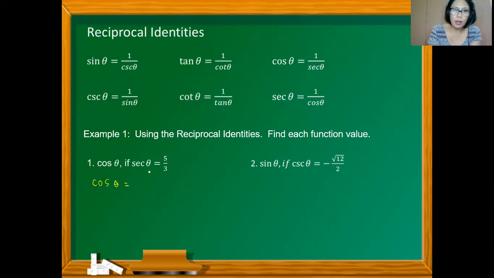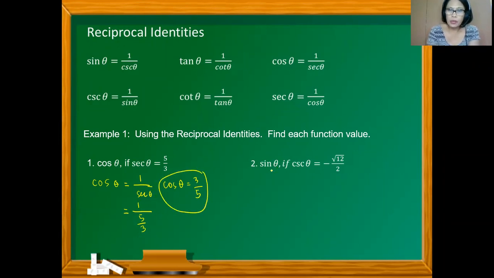So cosine theta is equal to 1 over secant theta. Substituting the value of secant theta, we have 1 over 5 thirds. So basically, we just get the reciprocal of 5 thirds and come up with cosine theta equals 3 fifths.